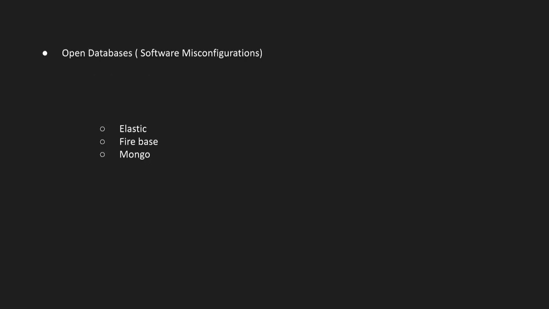Let me pick with the first, most, and the easiest to exploit: open database misconfigurations. So many of the cloud infrastructure comes with various databases for the user to choose from. If an application developer is building a program and he wants to use Elasticsearch, he can enable Elasticsearch on his application.